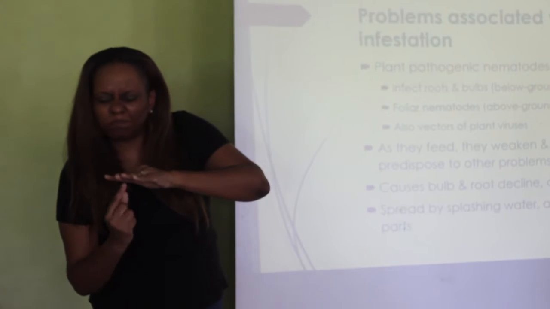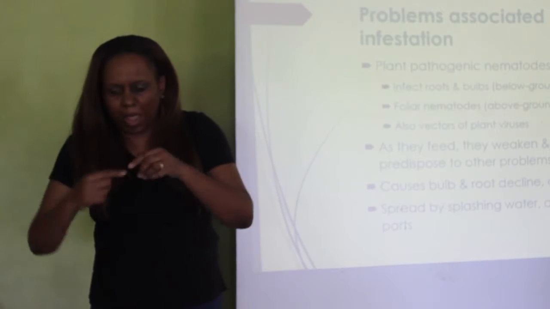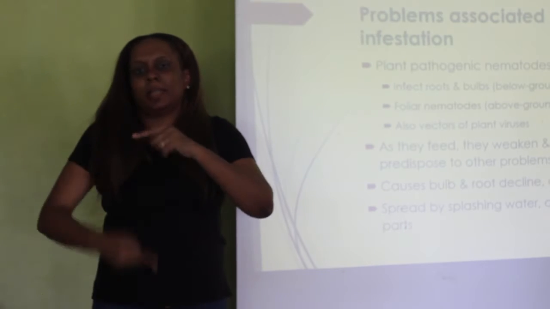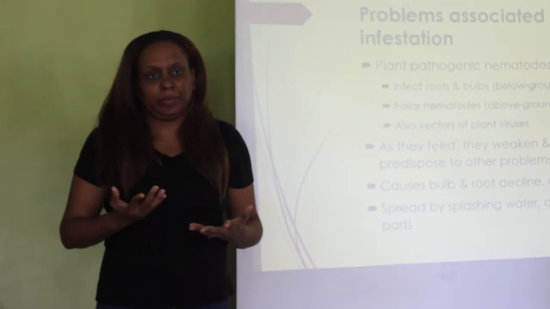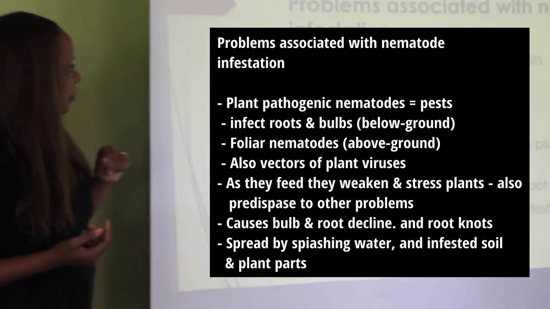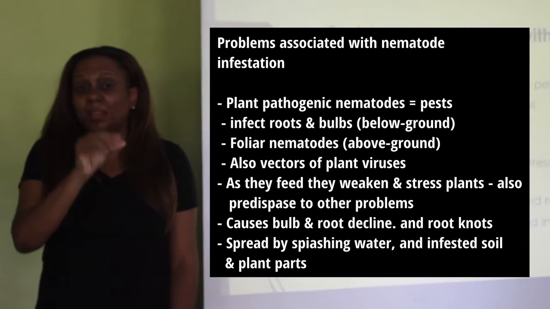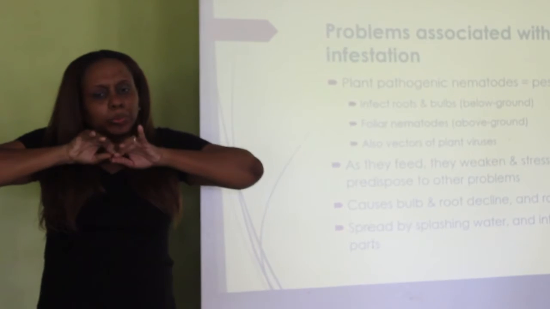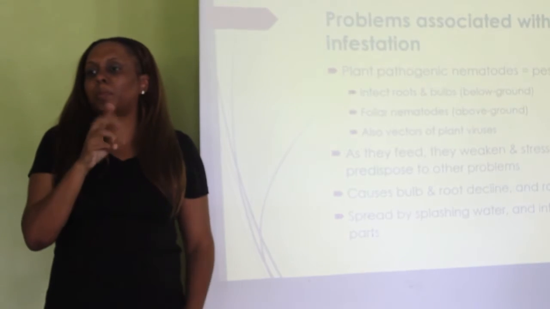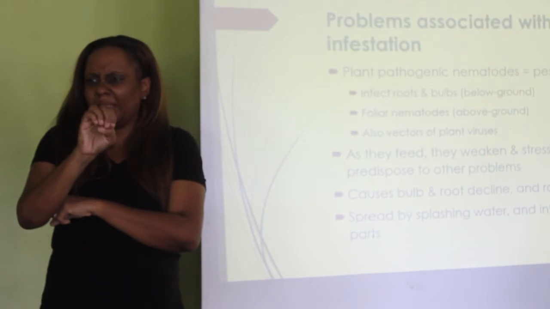And as they feed, they weaken and stretch out the plant, as do the other diseases. The nematode is one of those pathogens, because viruses and fungus are also transmitted not only by water and wind, but also by insects.